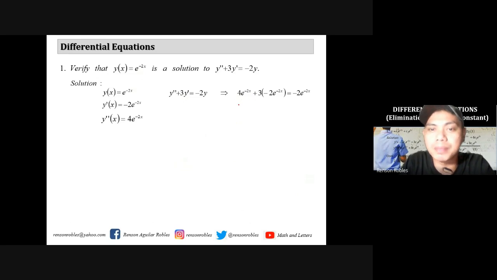Simplifying, we have 4 e to the negative 2x, then 3 times negative 2 is negative 6 e to the negative 2x, which should equal negative 2 e to the negative 2x. Combining these two expressions, 4 and negative 6, both preceded by e to the negative 2x, gives negative 2 e to the negative 2x, which is in fact equal to the expression on the right side.